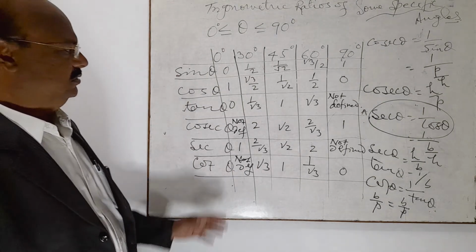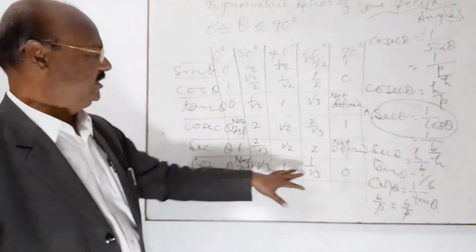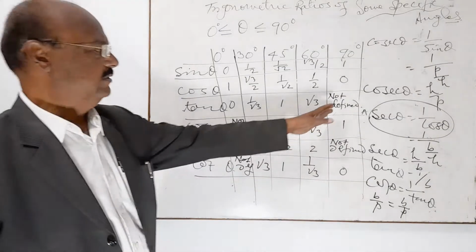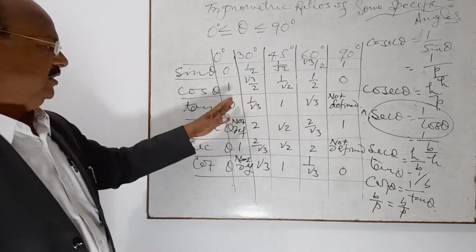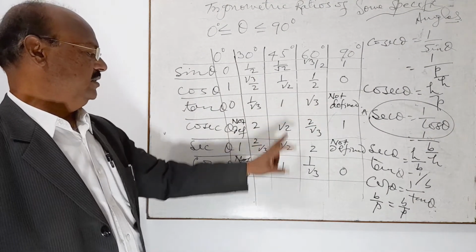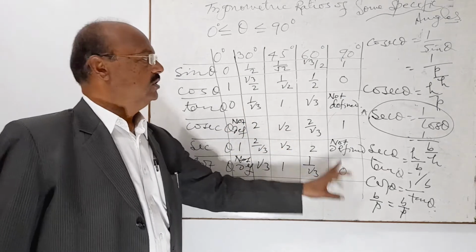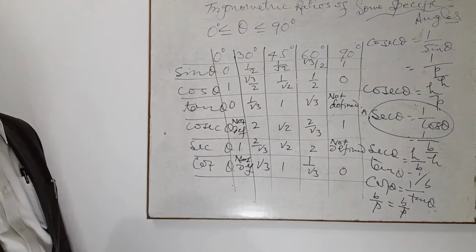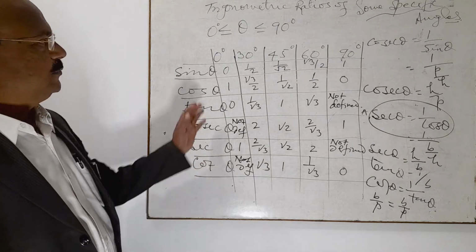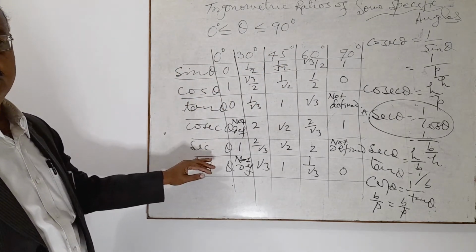So just see here, the values of cot theta can be written in the reverse order of tan theta. So this is not defined, this is root 3, this is 1, this is 1 upon root 3, this is 0. So this is the table for specific angles of all trigonometric ratios.